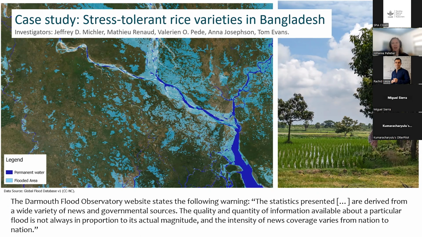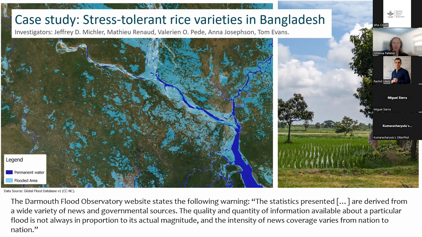After looking at it and comparing with other data sources, they found one thing that was actually explained on the website, but it's not always clear what implication this has. For example, the website says that the statistics presented are derived from a wide variety of news and governmental sources.